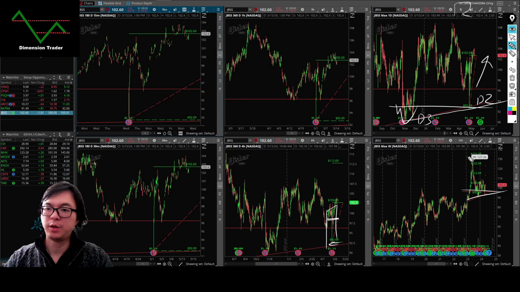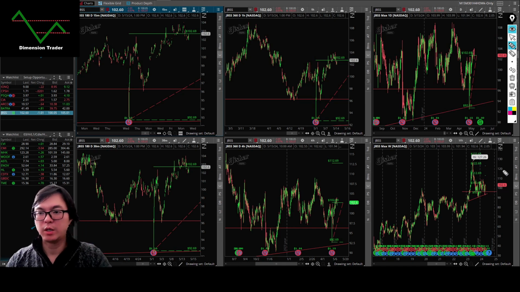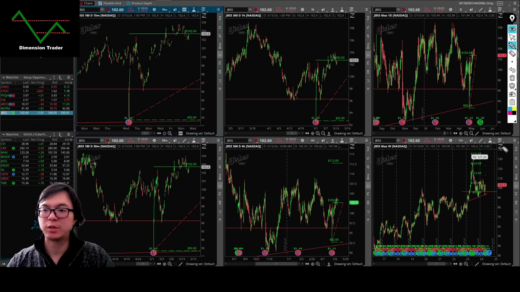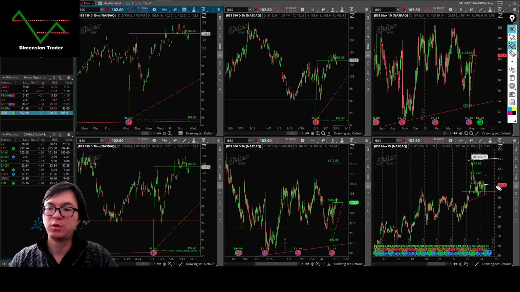Okay, because we do not have any trend line up here from the weekly. 127.26 is our high. But this trade gives us a very big question, which is the return and the risk. At the previous high, 127, our extension with the target, if we enter right where we have the hammer here, it's going to be 102.60.